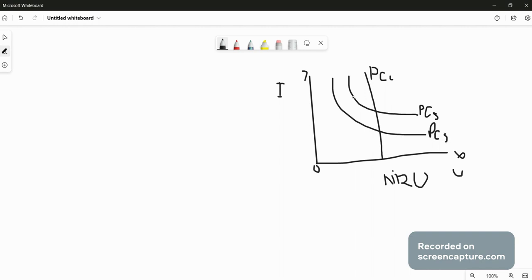So in this, he says that when NRU happens in the economy, meaning the natural rate of unemployment, basically the natural rate of unemployment means that there is only voluntary unemployment, meaning actual unemployment.